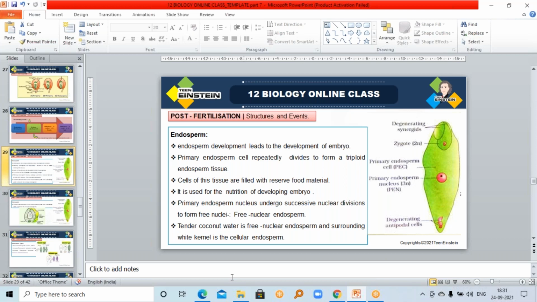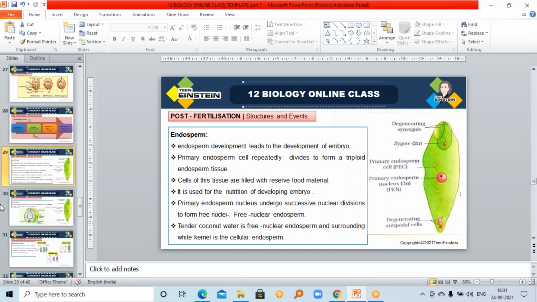Only after the development of endosperm can the embryo be sure to get nutrients for its development, right? So the endospermic cells provide nutrients for the developing embryo.